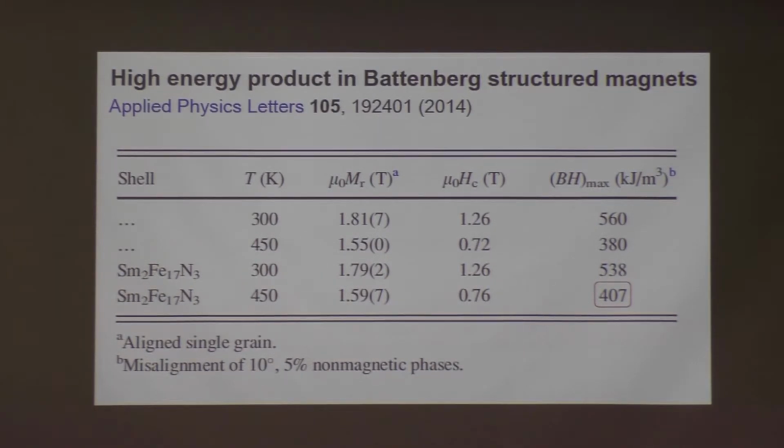And we found that if you use this structure you have seen just before and then cover the outer shell of this grain with the magnetic phase with the properties of the samarium iron nitride phase, then we can have very high energy density products even at 450 Kelvin. So by tuning the structures, at least theoretically, we can show very excellent hard magnetic properties also at elevated temperatures.